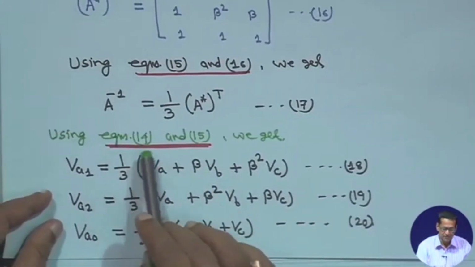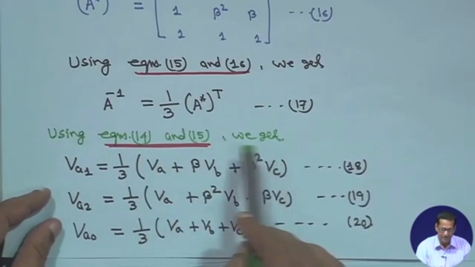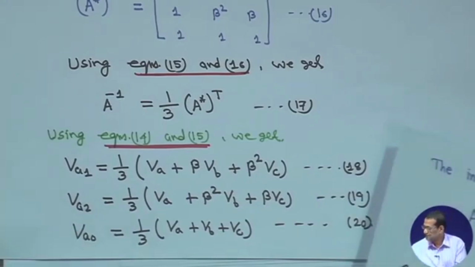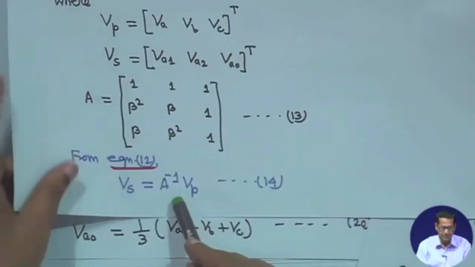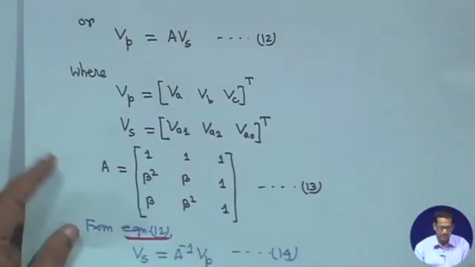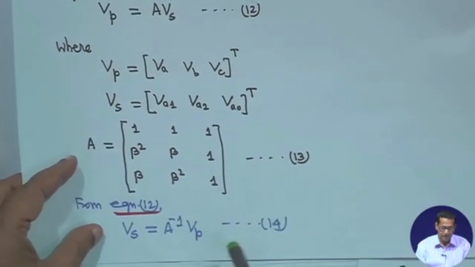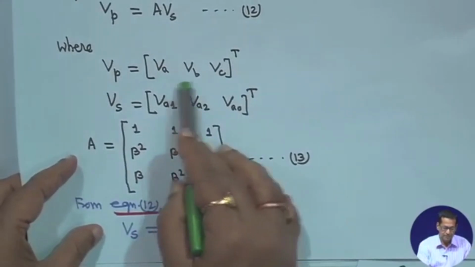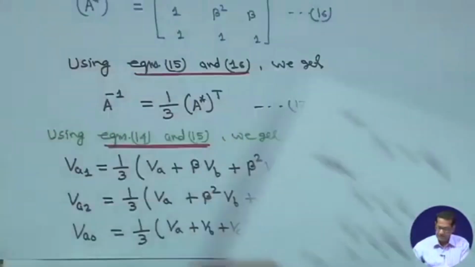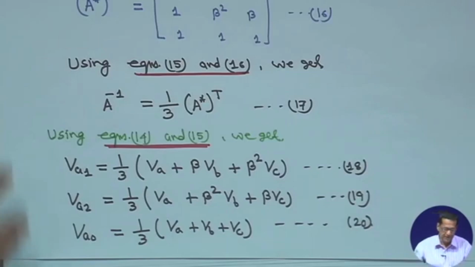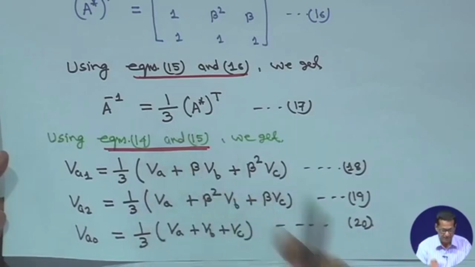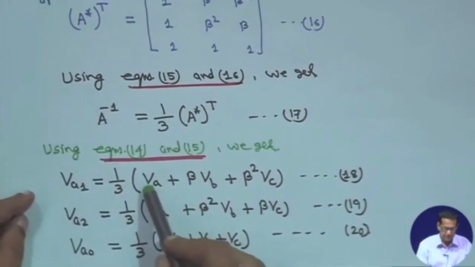So, using equations 14 and 15, we get, let me go back to equation 14. This is equation 14, that V s is equal to A inverse V p, and that means V p is equal to V a V b V c, and V s is equal to V a1 V a2 V a0. The positive sequence component V a1 you can write with 1/3, because it is A inverse.